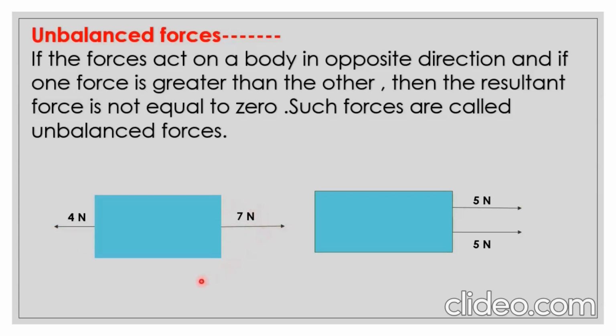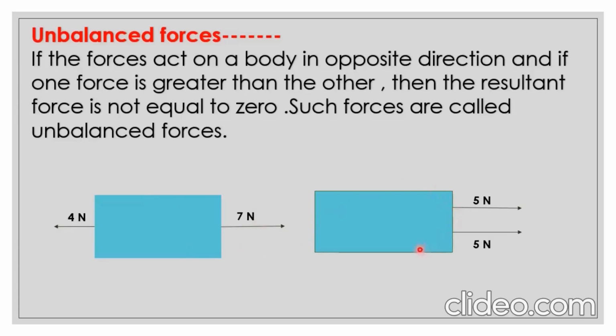This force is stronger as compared to this force, and these forces are acting in opposite direction. Hence 7 Newton minus 4 Newton, that is equal to 3 Newton force, will apply on this object, and this object will move in this direction, which is the direction of the stronger force.